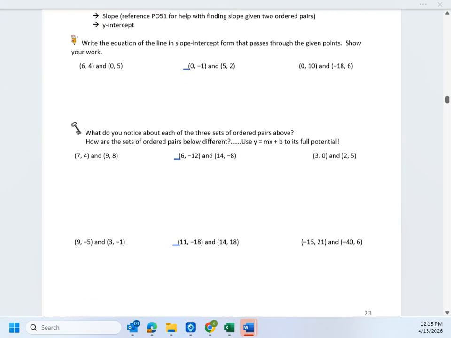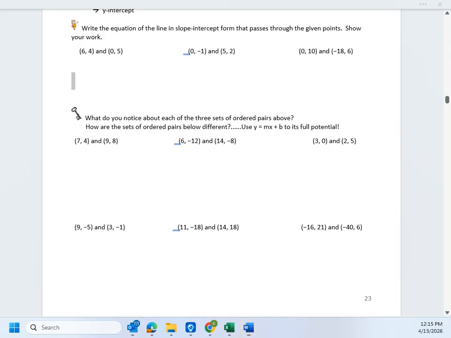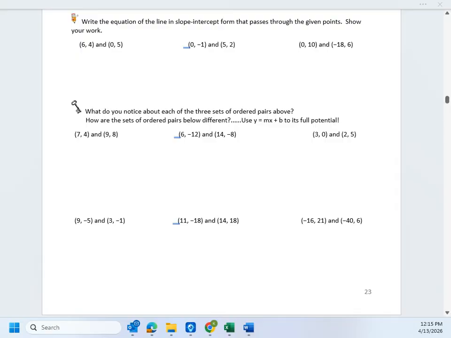We're going to write the equation of the line in slope-intercept form that passes through the given points. Show your work. Okay. So we're going to remember our final answer needs to be in that y equals mx plus b form. All parts matter.